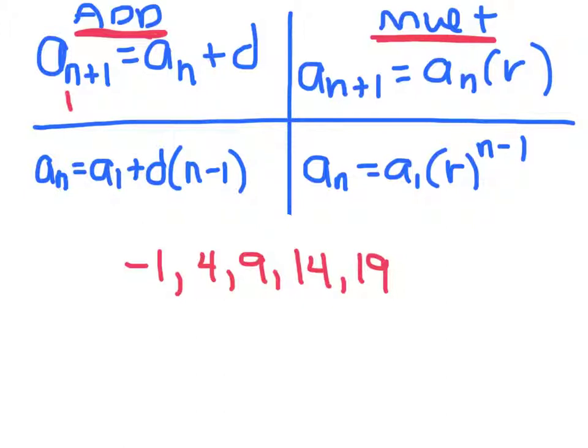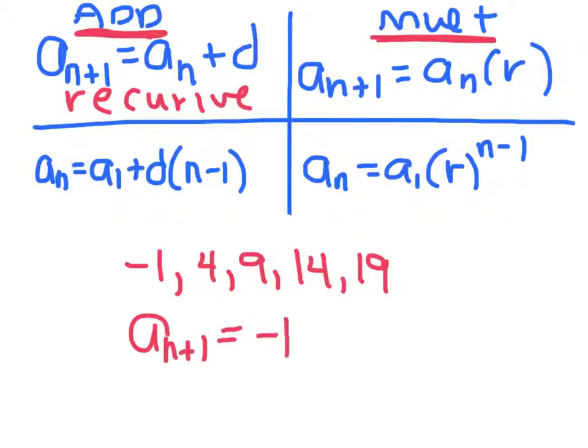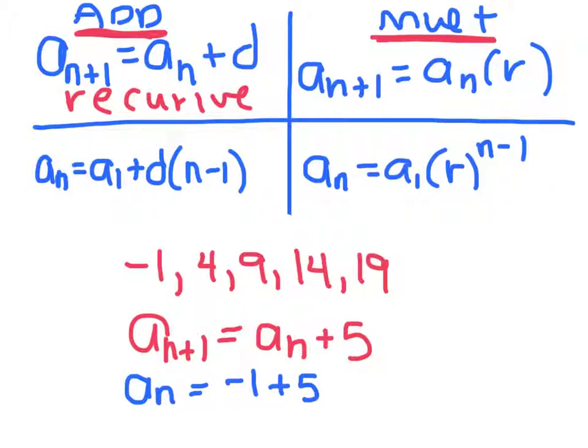If it asks you to write the recursive formula for this problem, the next term is equal to the previous term plus 5. That's the recursive formula. If you had to write the explicit formula, the nth term is equal to the first term plus 5, that's the common difference, times n minus 1. Now, this is a multiple choice test, so you could just plug the numbers into the formula and see if they come out with the right answer.